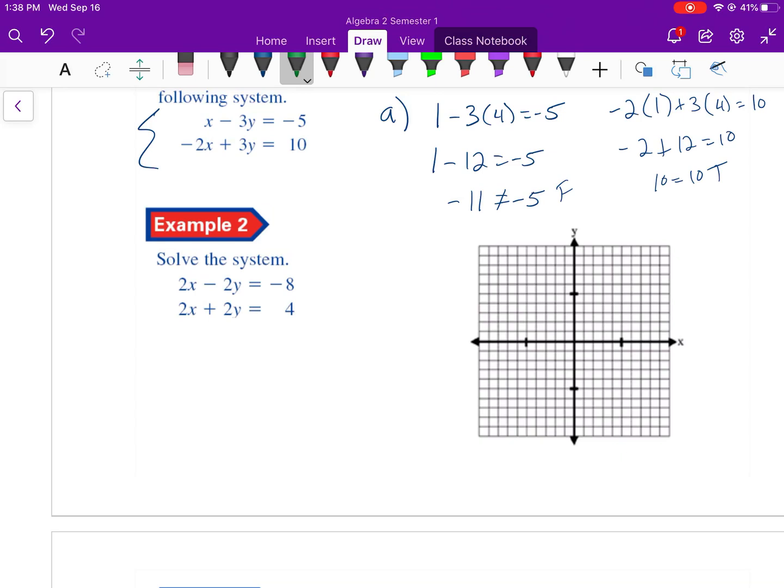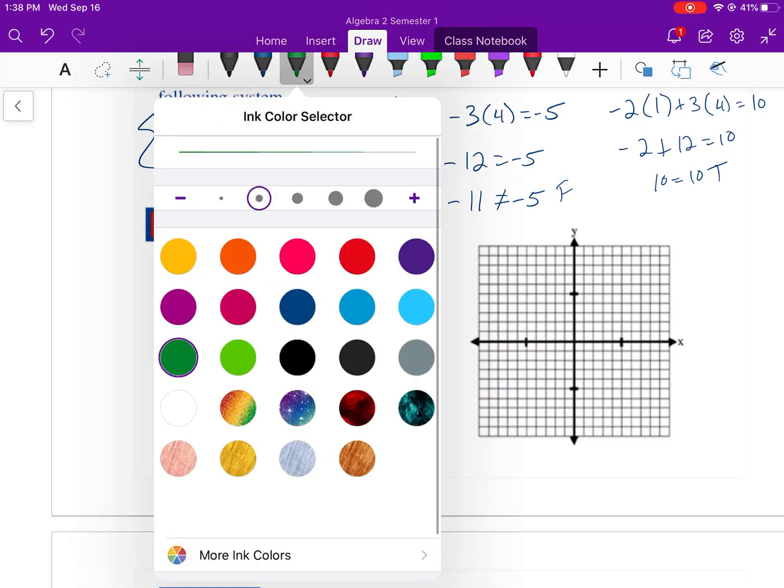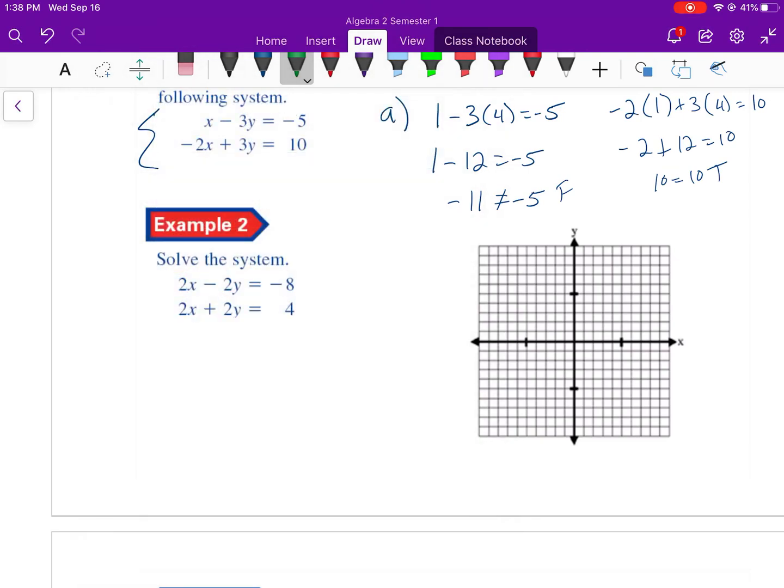Now let's actually find a solution for a system of equations. What we need to do is graph both equations. Here we've got 2x minus 2y equals negative 8. Again, we find the x-intercept and the y-intercept. For the x-intercept, the y-coordinate is 0, and for the y-intercept, the x-coordinate is 0.